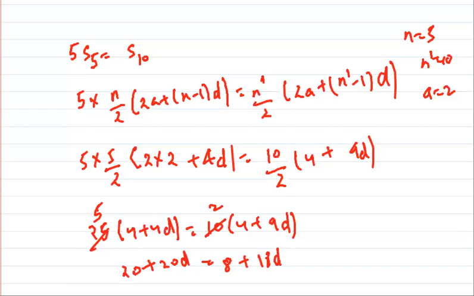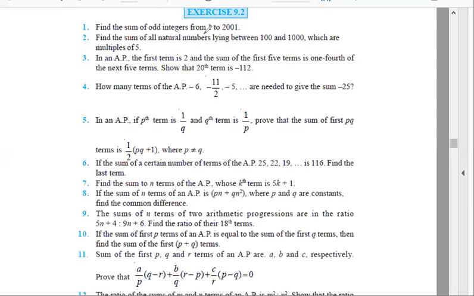Okay, Janvi, I'll explain again. Understand the question. First term is given as 2. Sum of the first 5 terms is S5.